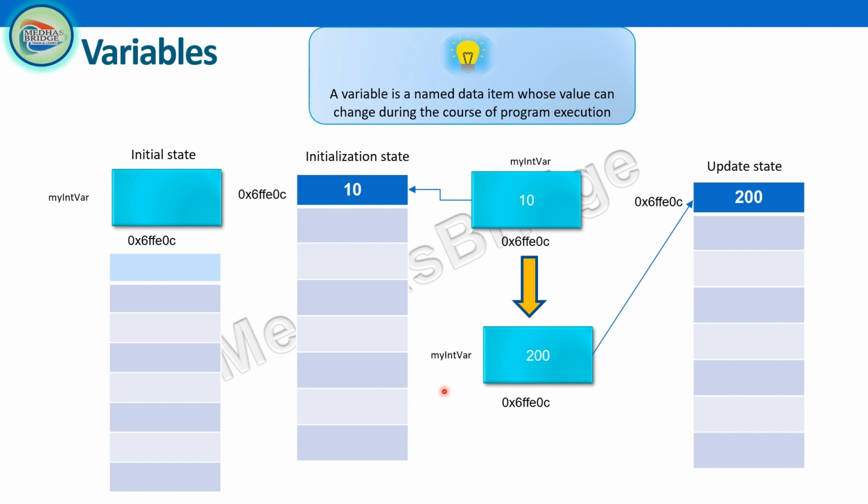Are you clear? This concept remains the same across all programming languages, except that the data type may matter. I'm reiterating a point: a variable is a named data item whose value can change during the course of program execution. You can have multiple variables in your program.